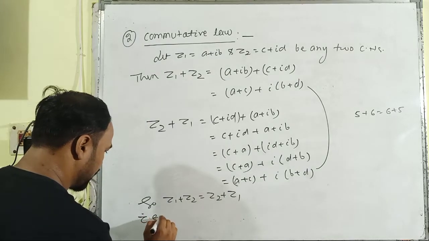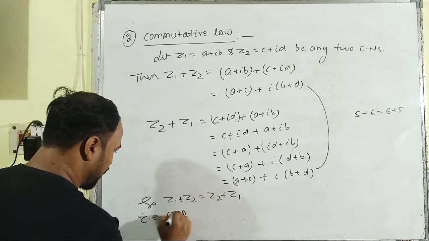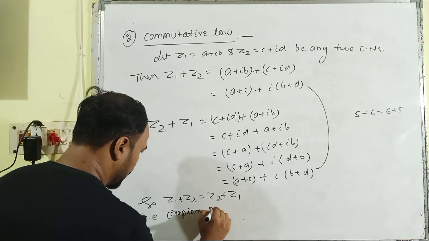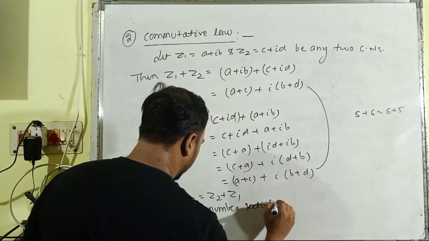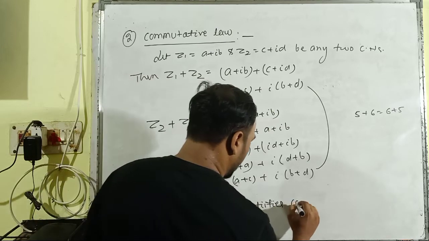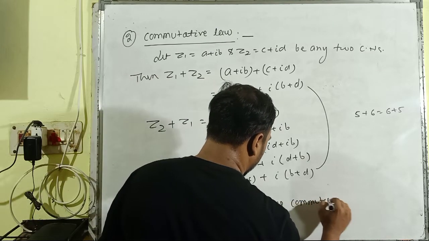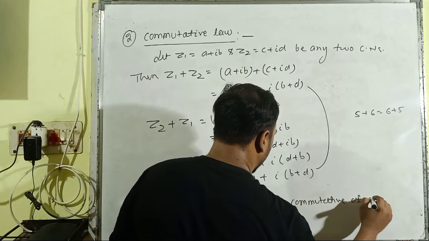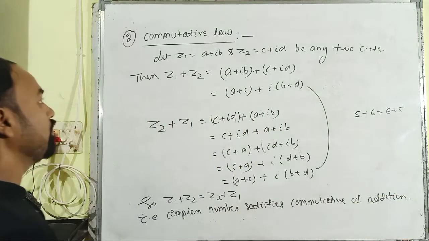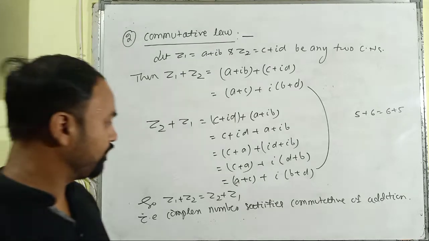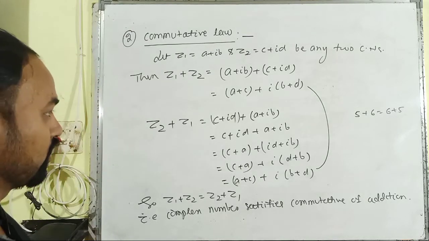That is, complex numbers satisfy the commutative law of addition. So it is all about the commutative law of addition of two complex numbers.